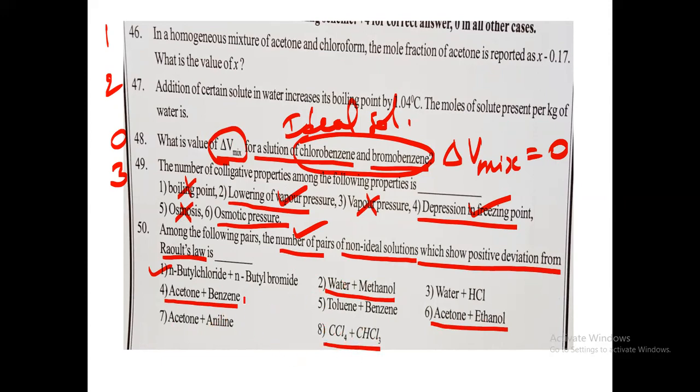So totally 1, 2, 3, 4 we got. So 4 non-ideal solutions with positive deviation. Is the concept clear now? This way we have to understand the concept of non-ideal solutions which show positive deviation. Okay, let's take the screenshot now. Bye, good day.